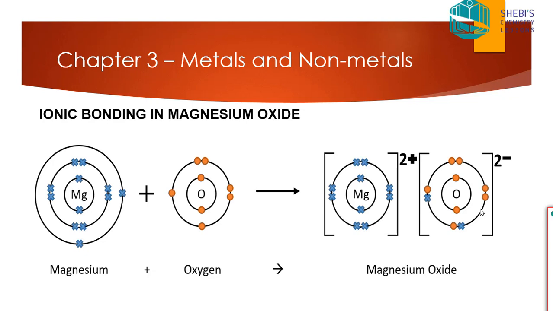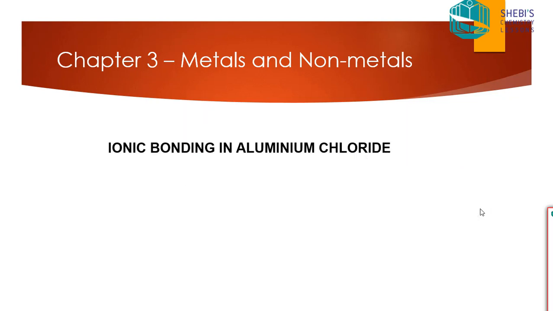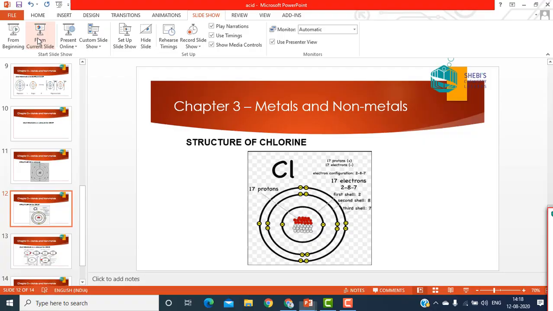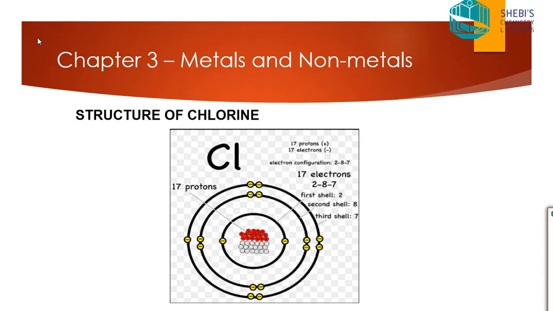Now let's move to the next one. Ionic bonding in aluminium chloride. Here is the structure of aluminium. Aluminium has atomic number 13, therefore the electronic configuration is 2, 8, 3. In the last shell you can see 3 electrons. So aluminium is ready to donate 3 electrons, isn't it? Here is the structure of chlorine.